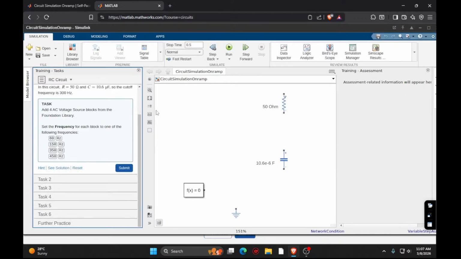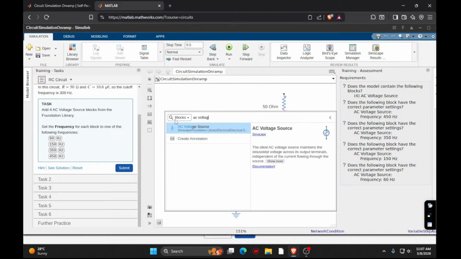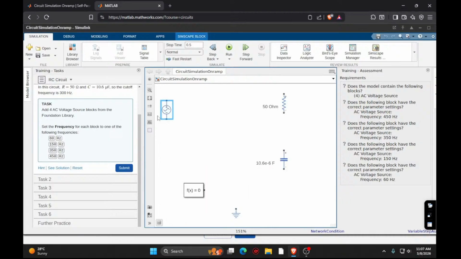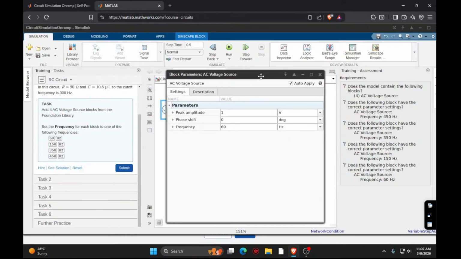Add a 4 AC voltage source block from the foundation library. AC voltage source, 60 hertz.